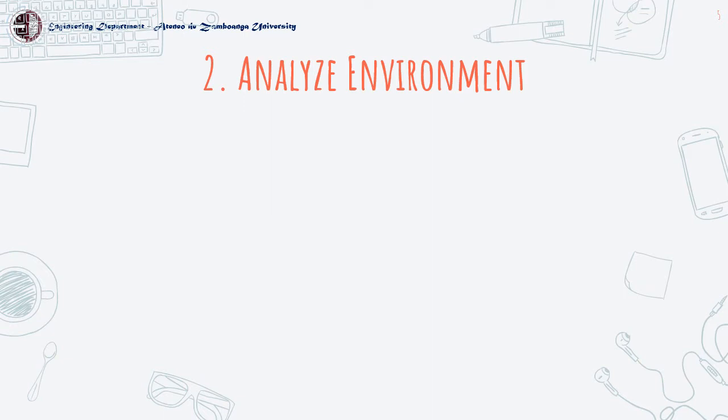The environment where the organization is situated plays a very significant role in the success or failure of the organization. So it is therefore very important that analysis of the environment is undertaken.